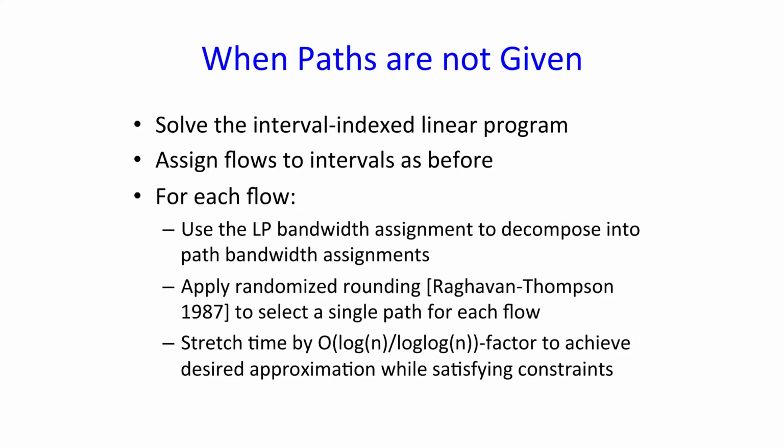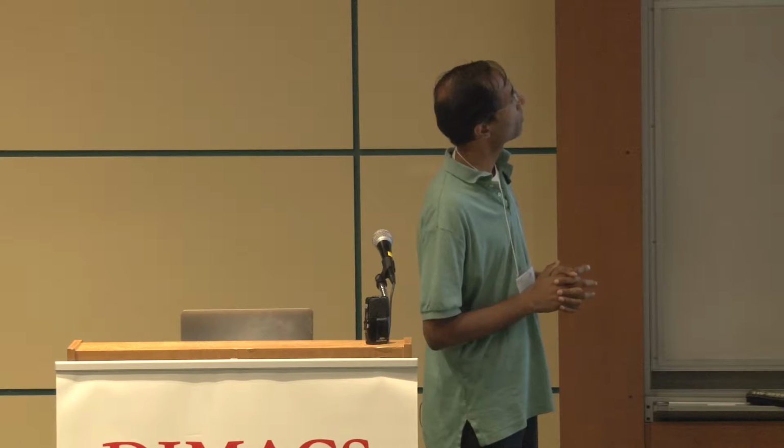And then we stretch time by this factor to achieve an order log approximation. And this is the best we can do given reductions from the minimum congestion problem. But all of this allows directed networks and so on, directed links as well.